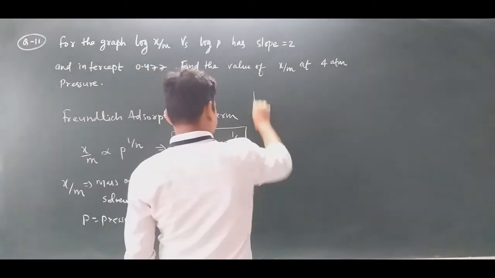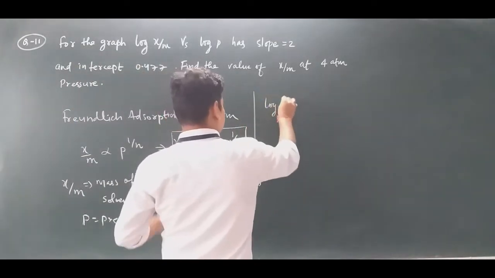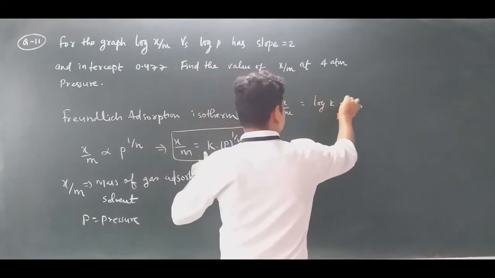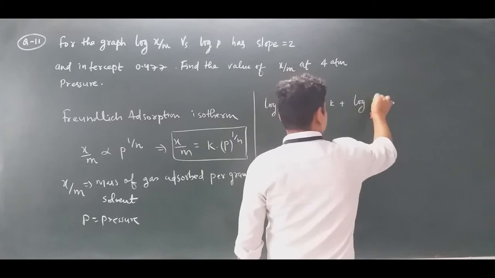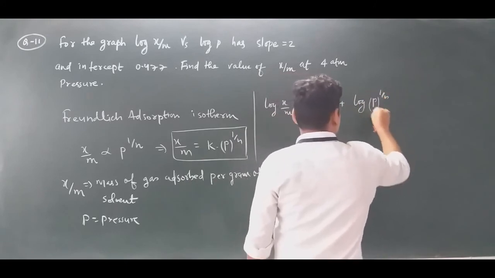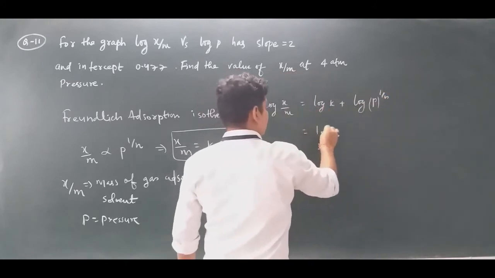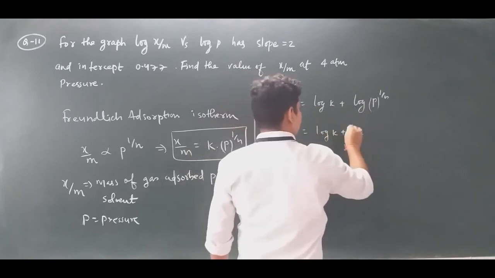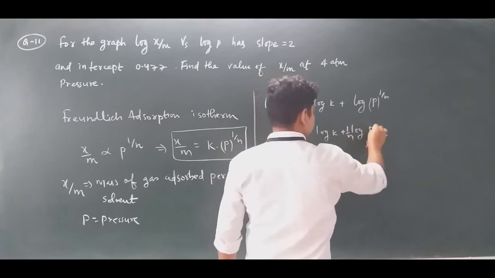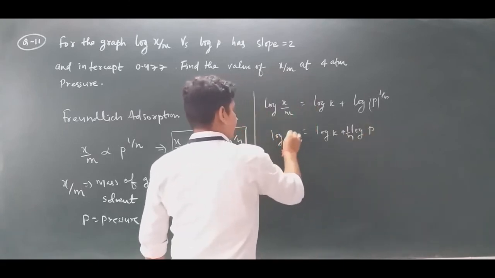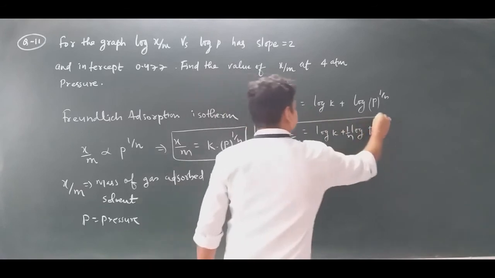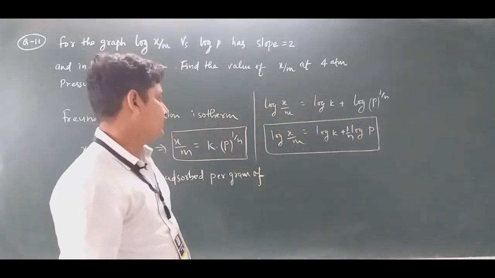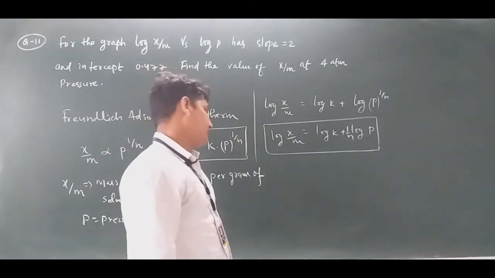Taking log, log x by m equals log k plus log p to the power 1 by n, which gives log x by m equals log k plus 1 by n log p.